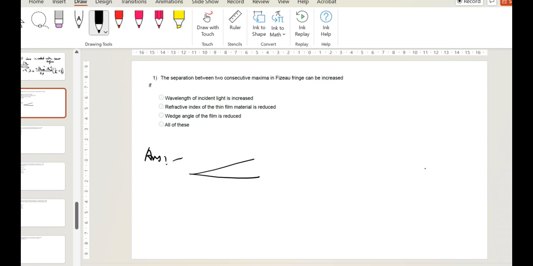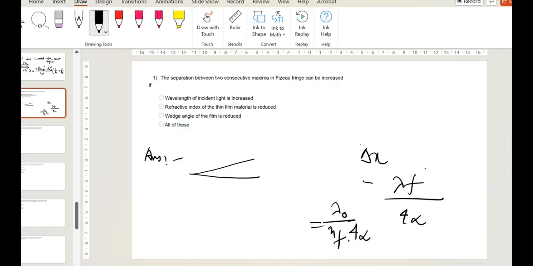The equation was basically delta x equals lambda naught over 4 nf alpha.